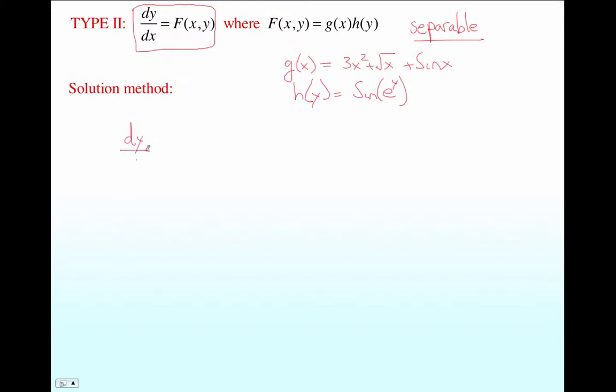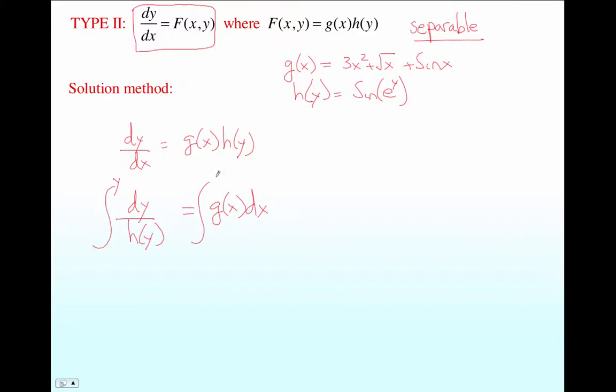Let's write dy by dx as g of x times h of y, and then write this as dy over h of y equals g of x dx. And now let's integrate both sides. Integrate this up to y, and integrate this up to x.